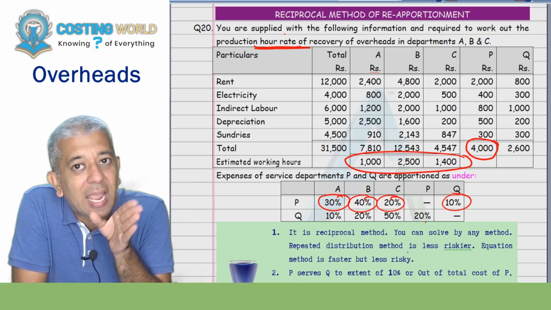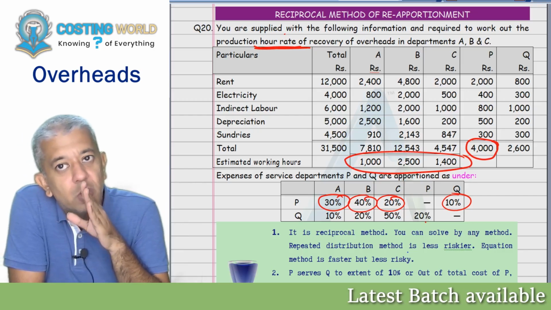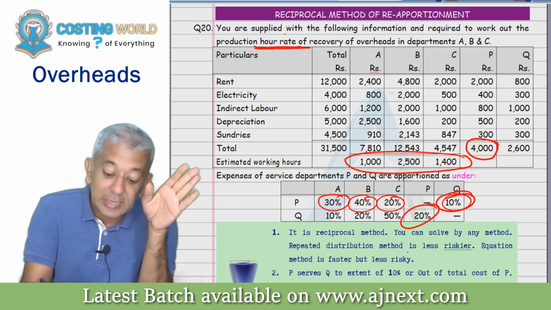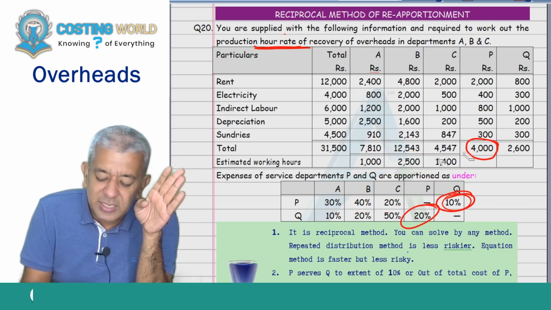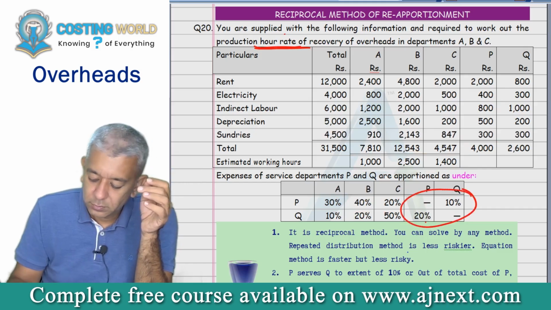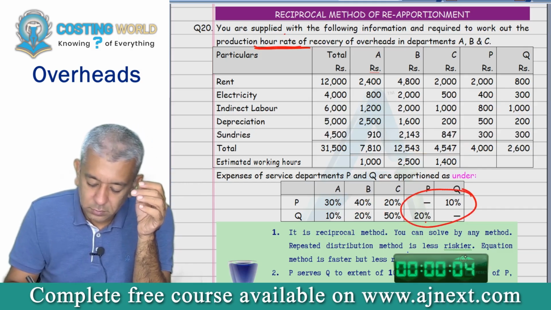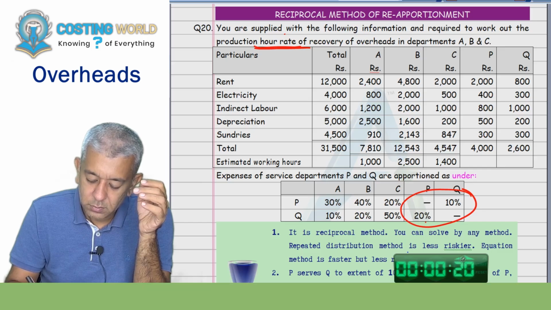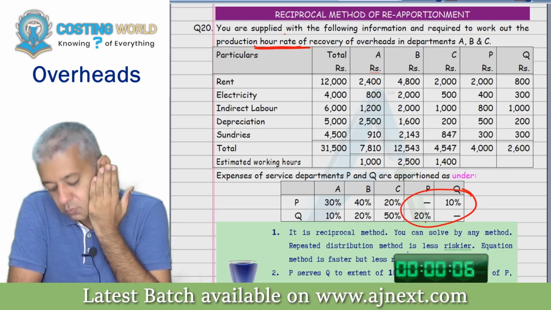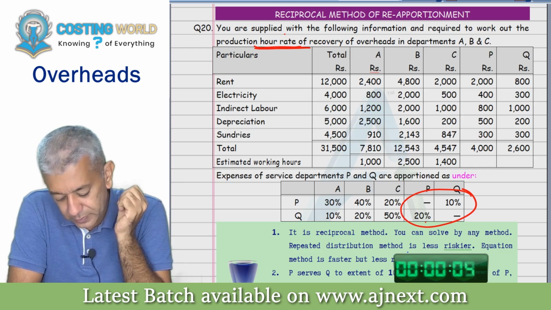Is it 10% of Q's cost or is it 20% of Q's cost? Is it this 10 or this 20? Think for at least 30 seconds. 20% of the Q's. Just see.